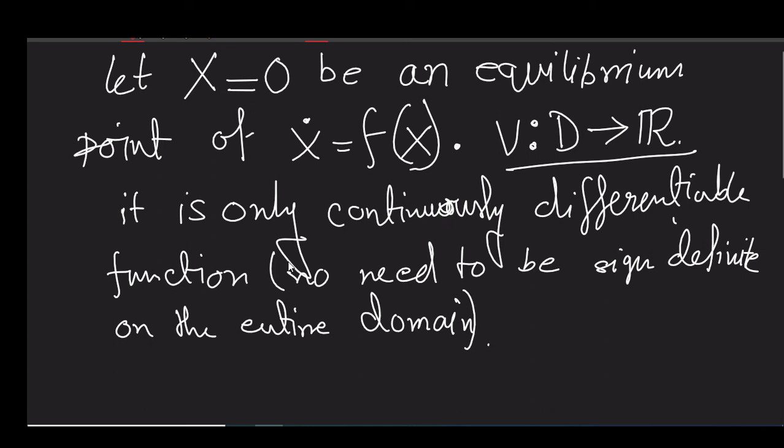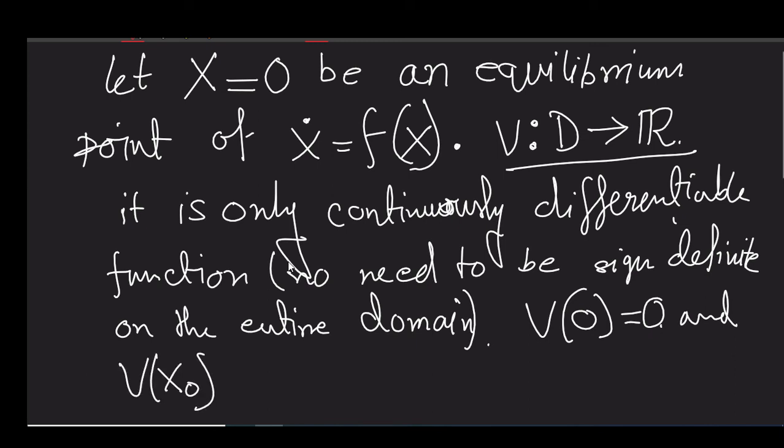Now we have V such that V(0) is equal to 0 and V(x naught) is greater than 0 for some x naught in the ball.